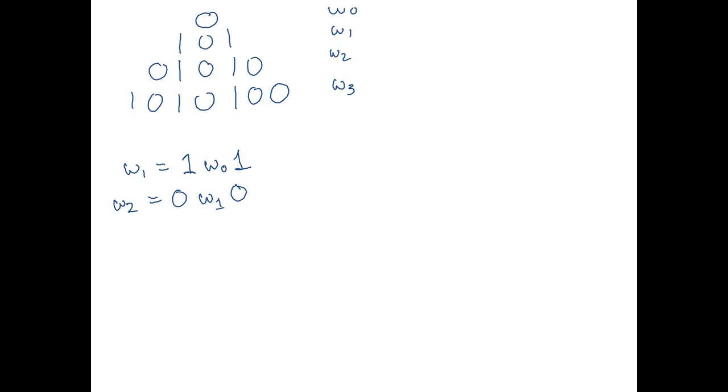And W3 is a little different, but it's a 1 on the left of W2 and a 0 on the right. Okay, so if I start with W0, then it's here when I build W1. Then W1 is here when I build W2, and then W2 is here when I build W3.